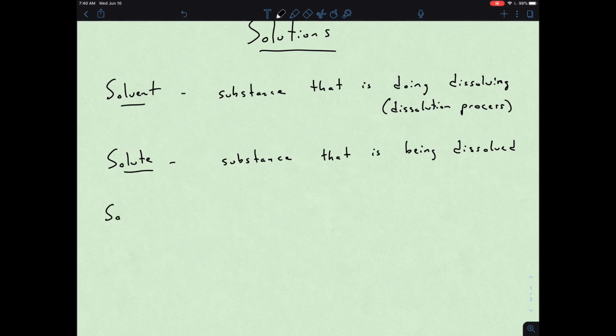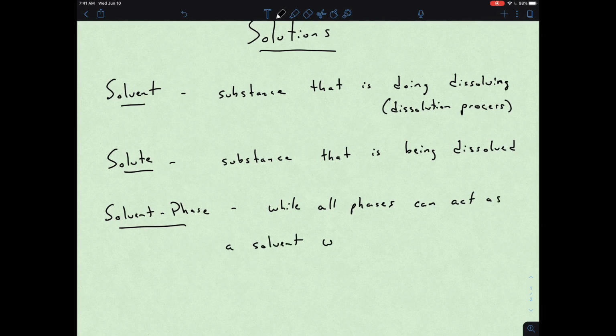Our solvent phase is going to be specific, but I want us to understand that while all phases can act as a solvent, we will just focus on liquids.